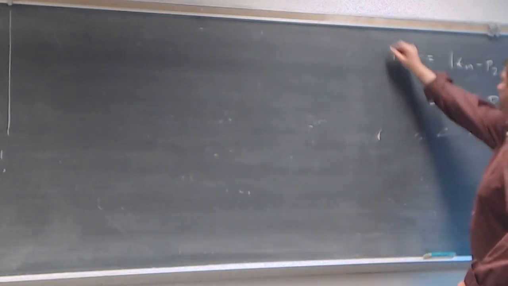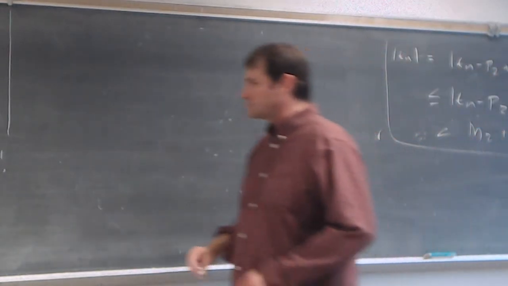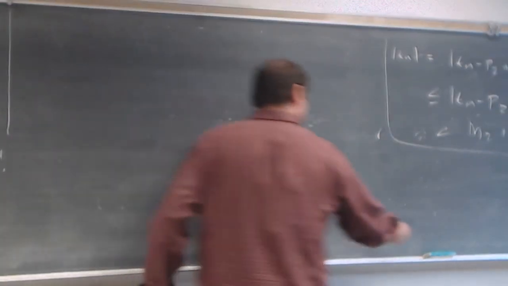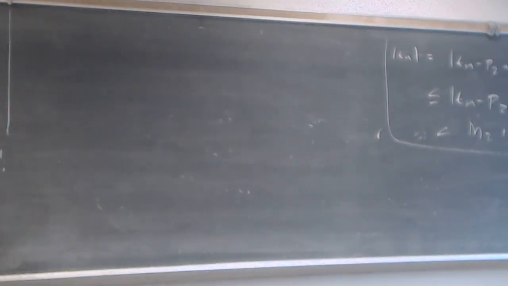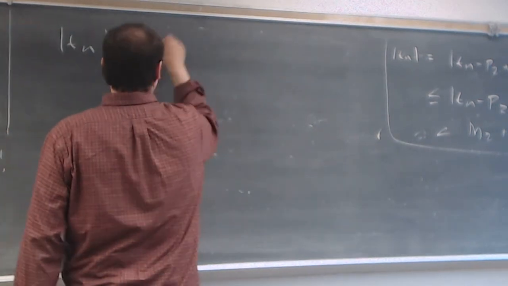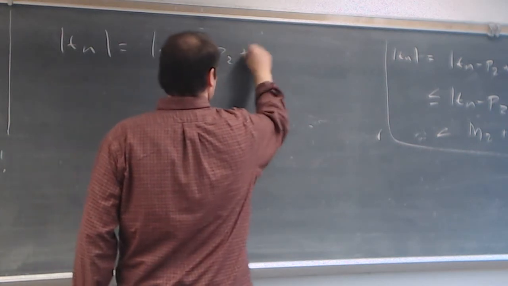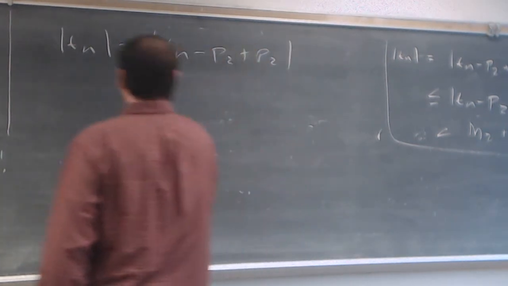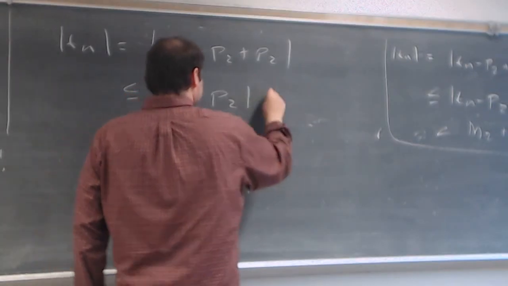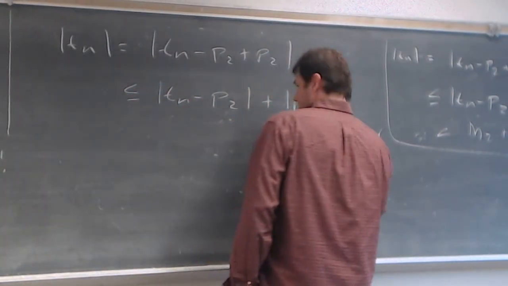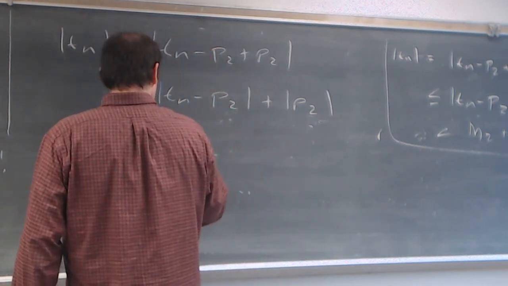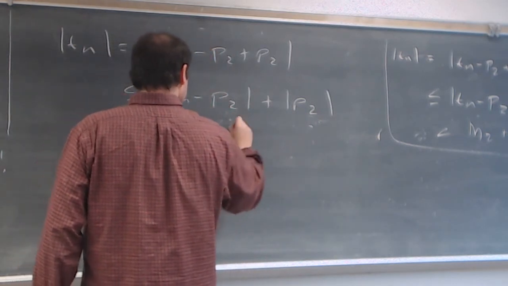I'm going back to where we were. Then I'd say the absolute value of T sub n, which equals, I'm going to write this again, T sub n minus P sub 2 plus P sub 2, is going to be less than or equal to the absolute value of T sub n minus P sub 2 plus the absolute value of P sub 2, which is less than M2 plus the absolute value of P sub 2.